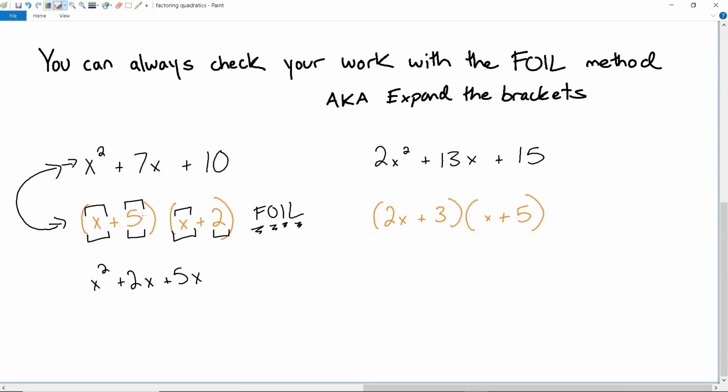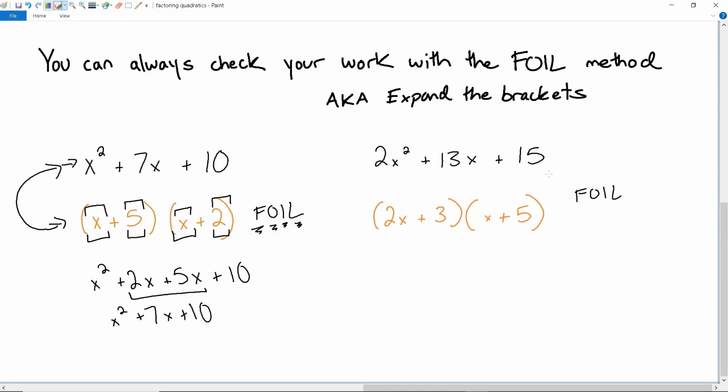So here I've got a 5, here I've got a 2. Multiply those together, I get 10. And you can see that if I collect these two terms, I do get the quadratic in standard form, which is great to see. Let's just do one more for practice.